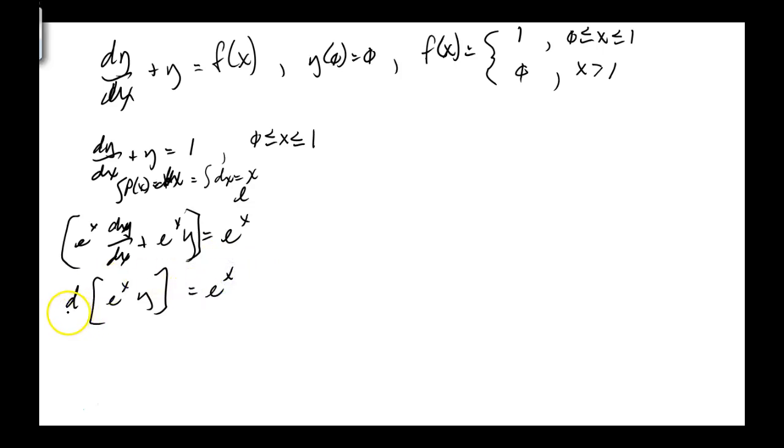Now, I didn't put my dx in the bottom because I'm going to put it over here. Then I'm going to integrate both sides. The integral of a perfect derivative is e to the x y. And that's equal to the antiderivative of e to the x, which is e to the x plus some constant c. We're going to evaluate that with our initial value, but first we're going to divide everything by e to the x.